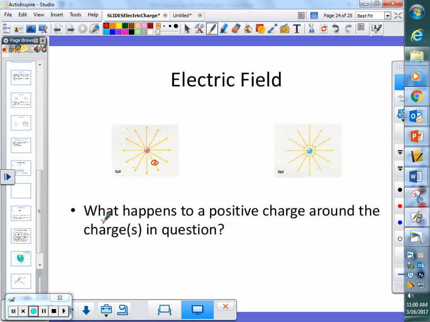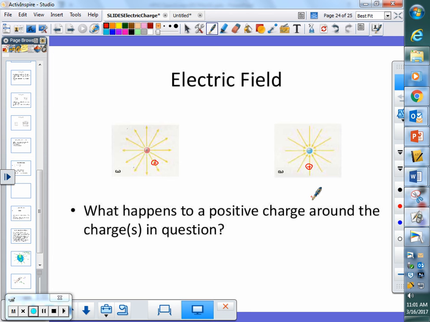So, we always draw the field lines in relation to what would happen to a proton. We just have to know that an electron would do the opposite thing. So here, a proton would be pushed away. Here, if we put a proton in that space, it would be attracted.